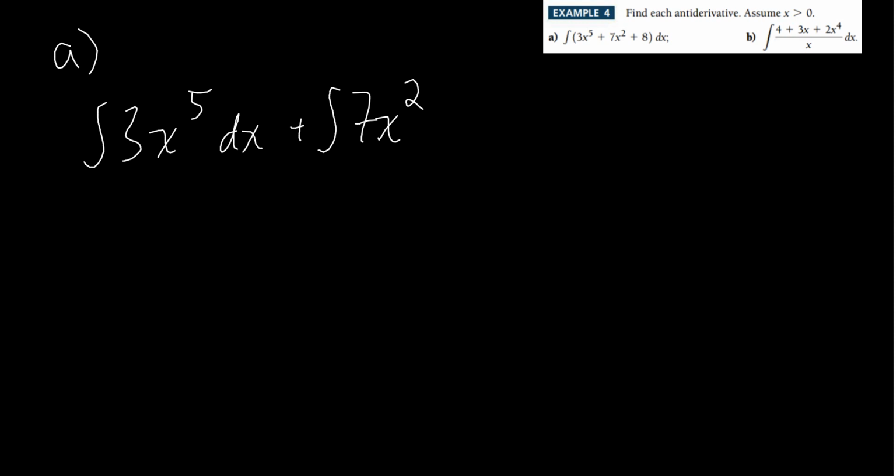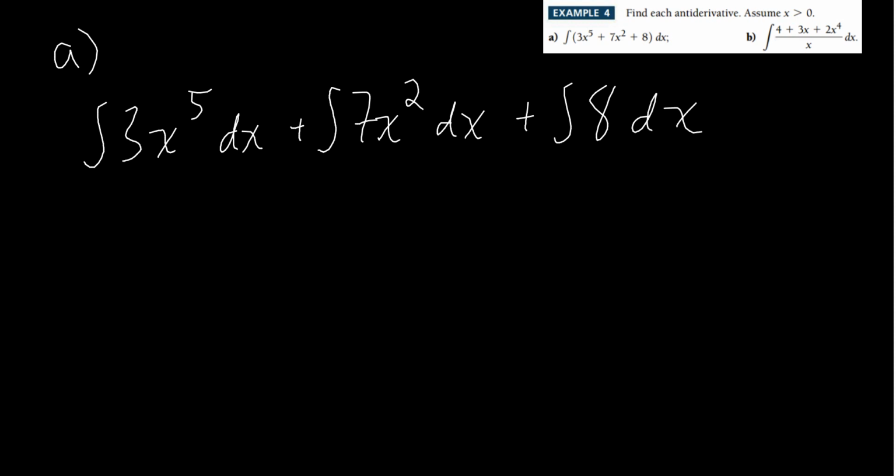I'm going to take the integral of the first one, 3x to the fifth, and then, for notation's sake, we'll put plus dx. And then we're going to take the integral of the second one, 7x squared dx. And then we're going to take the integral of the third one, which is 8 dx.